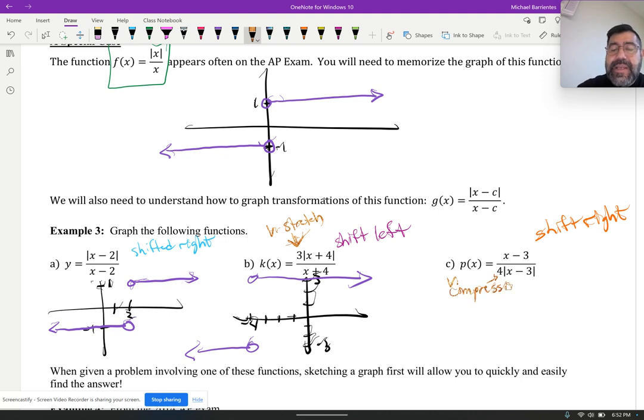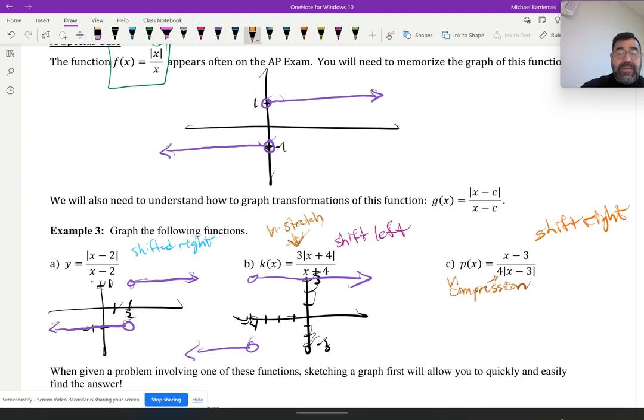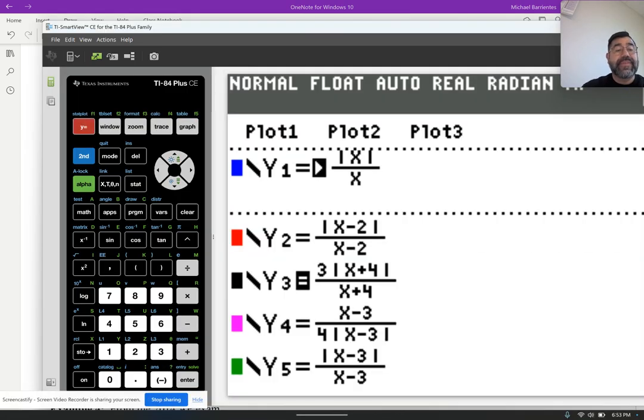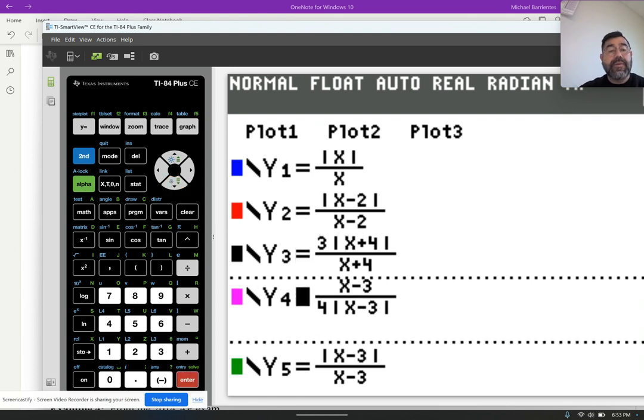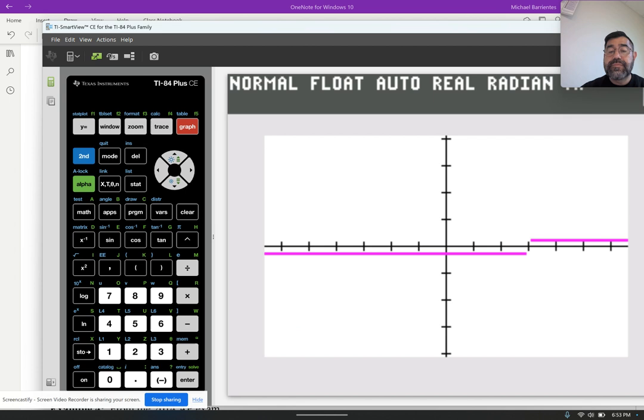What does that mean? Those two lines that we see are going to get compressed, and the y values are going to be 1/4 as much. Well, let's see. Is that really what happens, or am I just making stuff up? Graph. It did shift to the right 3 spaces. If you look carefully, the y values are not -1 and 1 anymore. They're -1/4 and +1/4.